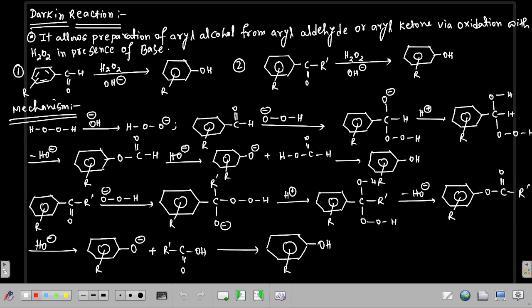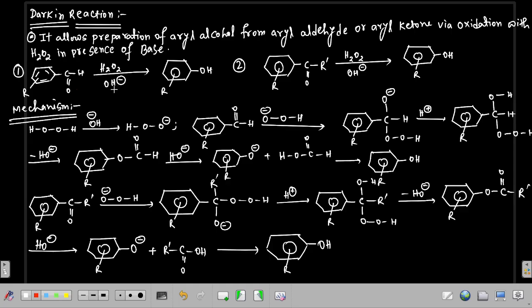Next reaction is the Dakin reaction. It allows the preparation of aryl alcohol from aryl aldehyde or aryl ketone via oxidation with H2O2 in the presence of base. So this is aryl aldehyde in the presence of H2O2, that is hydrogen peroxide, and base.